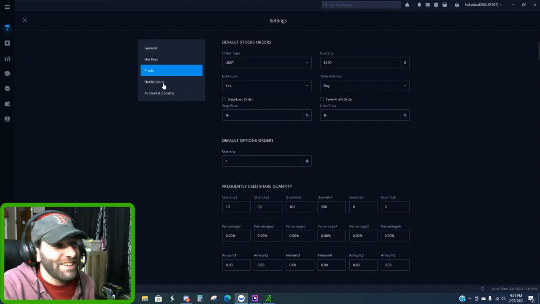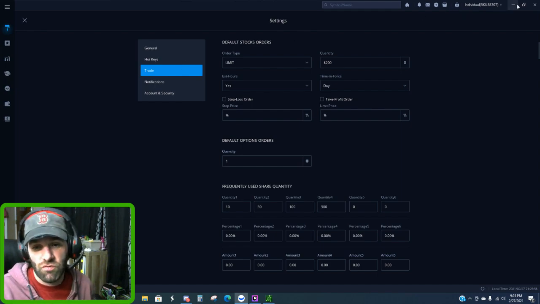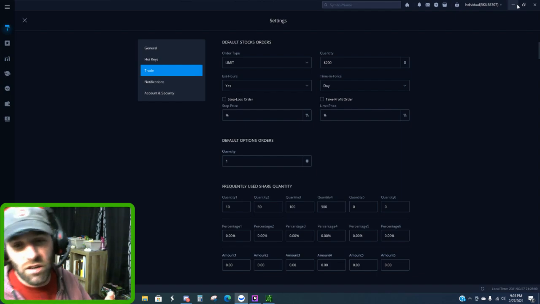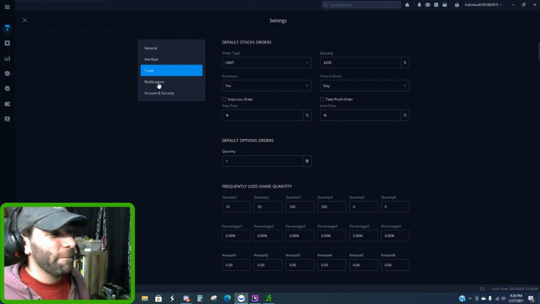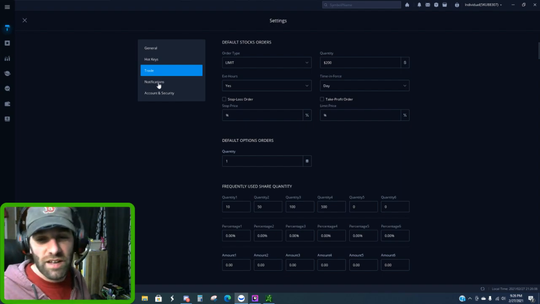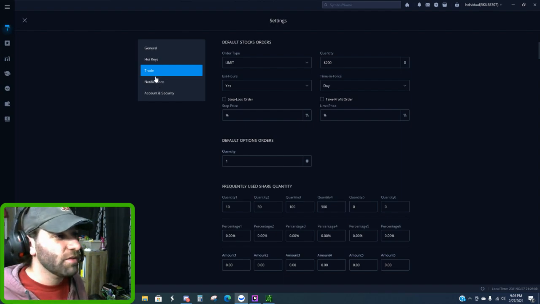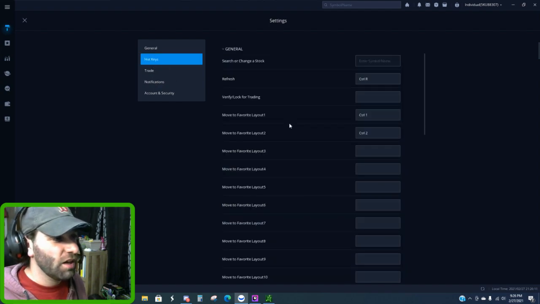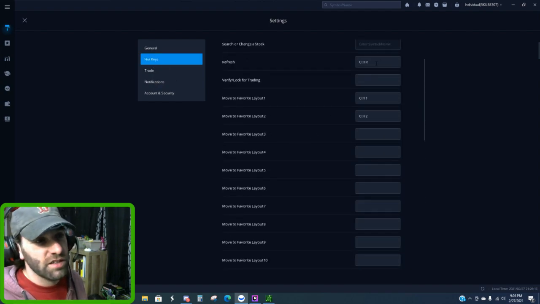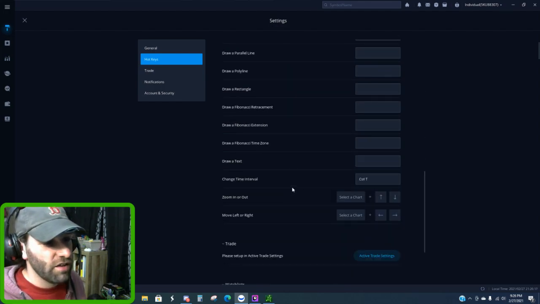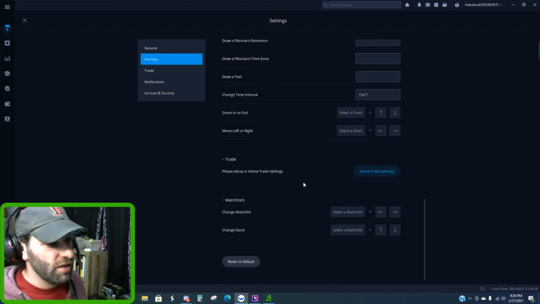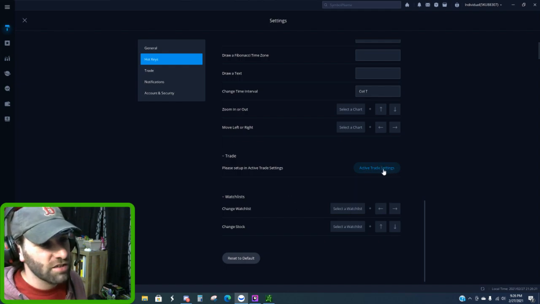Honestly, I love hotkeys on Webull. I wish Robinhood, Thinkorswim, and Webull were all one, the most perfect broker, because Webull has the best hotkey setup no matter what. And like you see here, with the presets that they have, and then you go down for the trade settings.